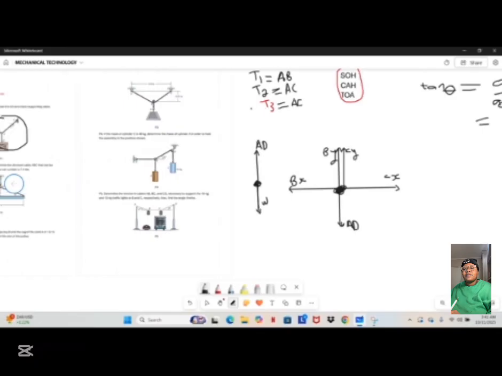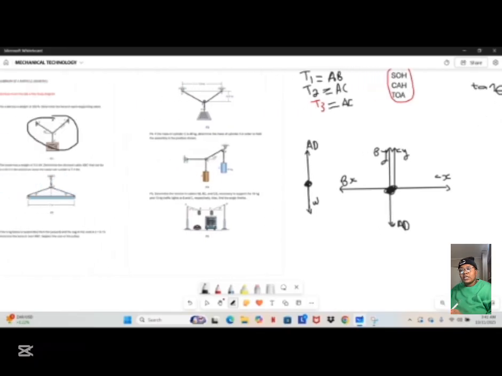And then we turn to the other side so that we can have a tan function, and we're gonna solve for theta.